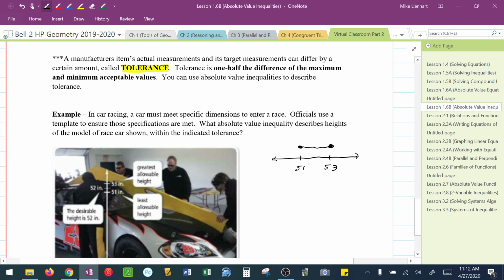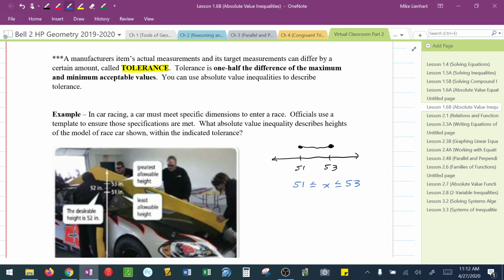What I have to be able to do is write an inequality to represent this. Here's what I do know. I could rewrite this as 51 less than or equal to x less than or equal to 53. But can I take that now and undo what we have been solving?